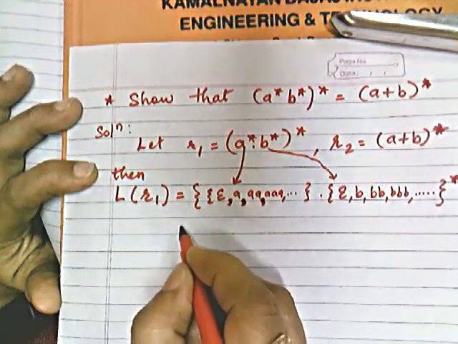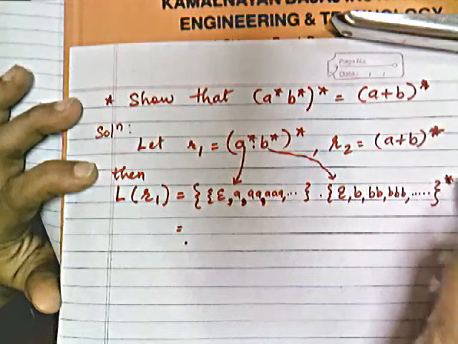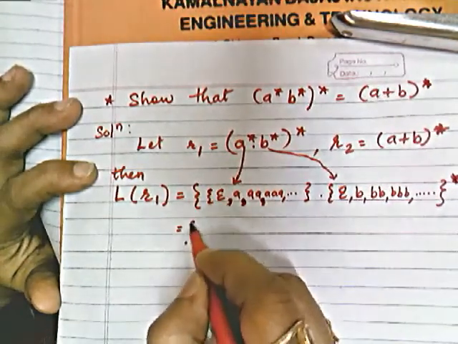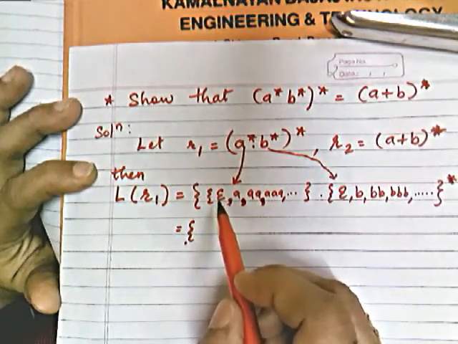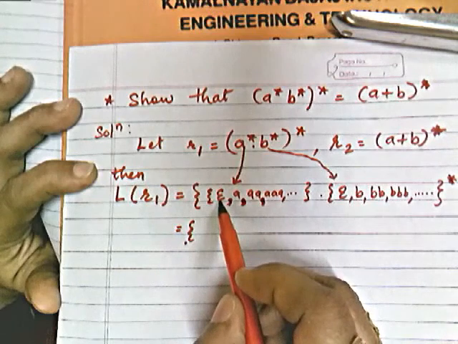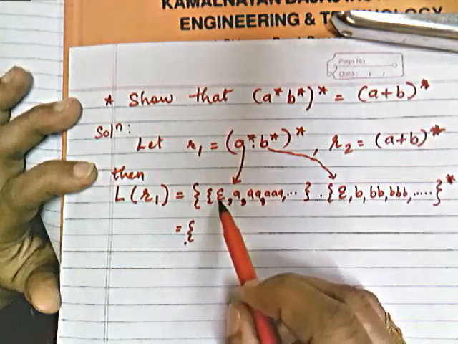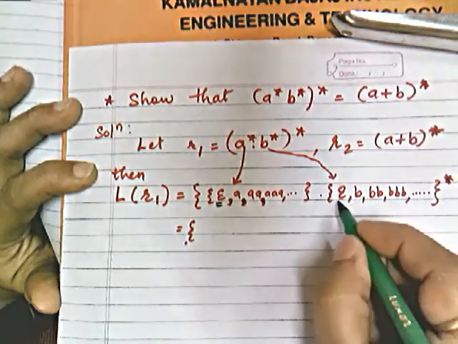Now we need to do the iteration for this combination. So what will be the iteration? I need to concatenate every string from this set with every string in this set. So if we consider the very first, here it is the empty string, here also the empty string.